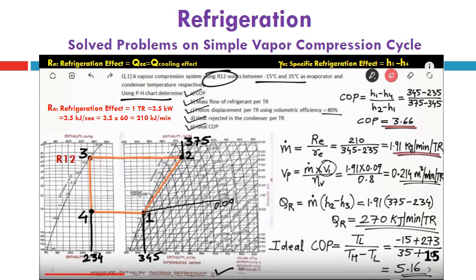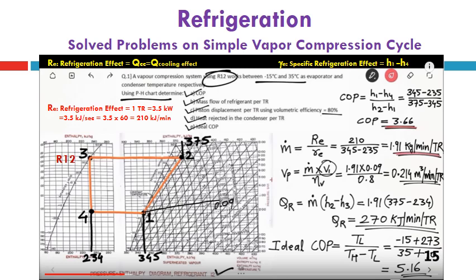To get the COP, we first get all the enthalpies from the pH diagram of R12, as can be seen on this slide. H1 equals 345 kilojoule per kilogram, H4 and H3 are equal to 134 kilojoule per kilogram, as shown on this chart in its lower part.